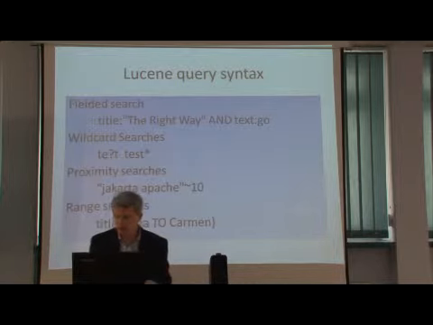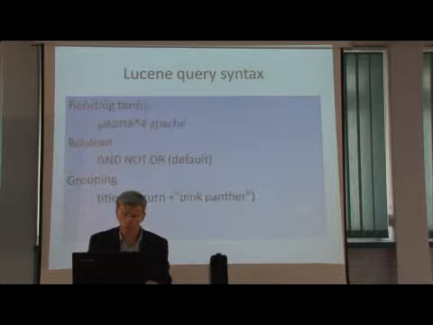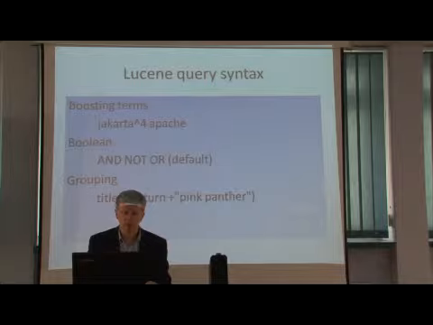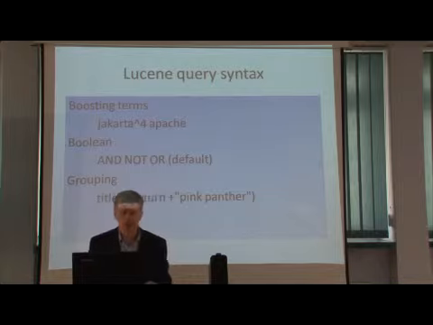So anything starting with a B in a title would be a good answer to this particular query. You can boost terms, so you can say that Jakarta is 4 times more important than Apache. You can also do the Boolean thing, and the OR connection is the default connection. So if you type Pink Panther, it is interpreted as pink or panther.